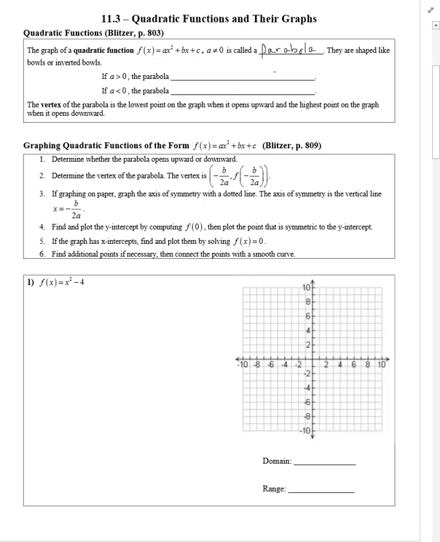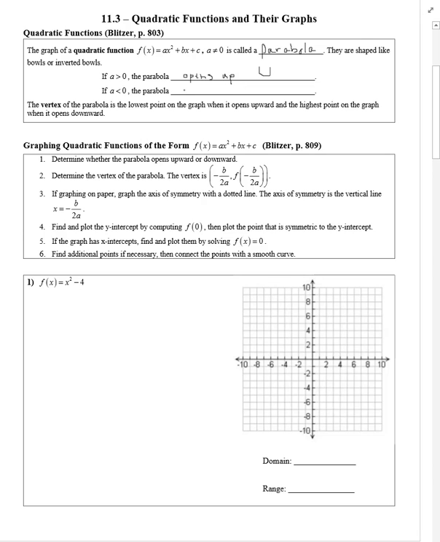Or sometimes I say they look like a smiley face or a frowny face, or they look like a cup or an umbrella. So if a, remember that's the coefficient on the x squared term, is greater than 0, then the parabola opens up. And so it looks like this.